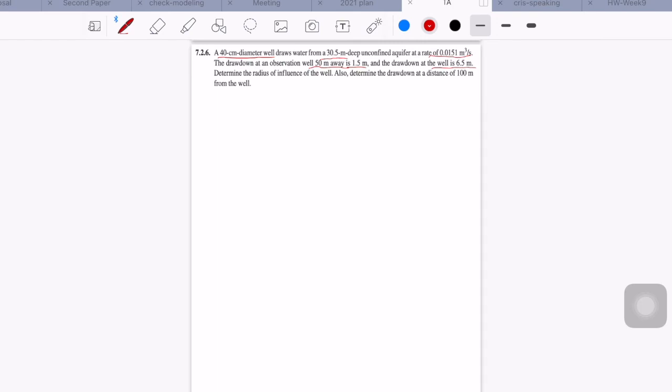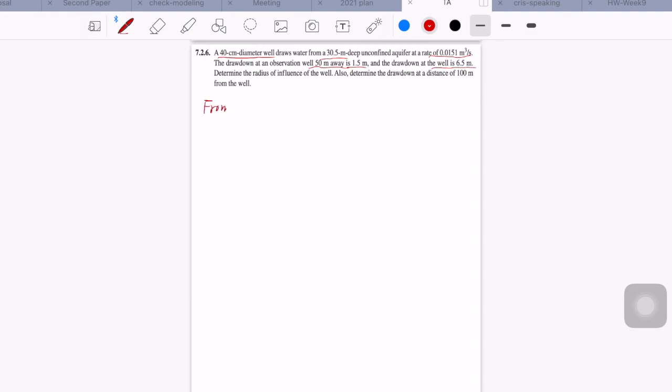We need to determine the radius of influence of the well, and also the drawdown at a distance of 100 meters from the well. The K value is not given in this problem, so we can use equation 7.16 with the observation well and the pumped well data to obtain it.